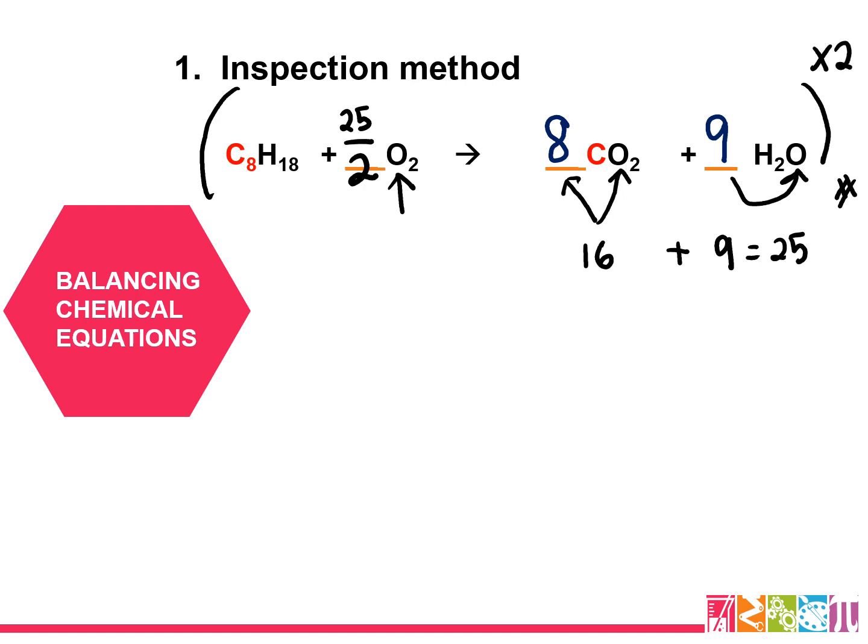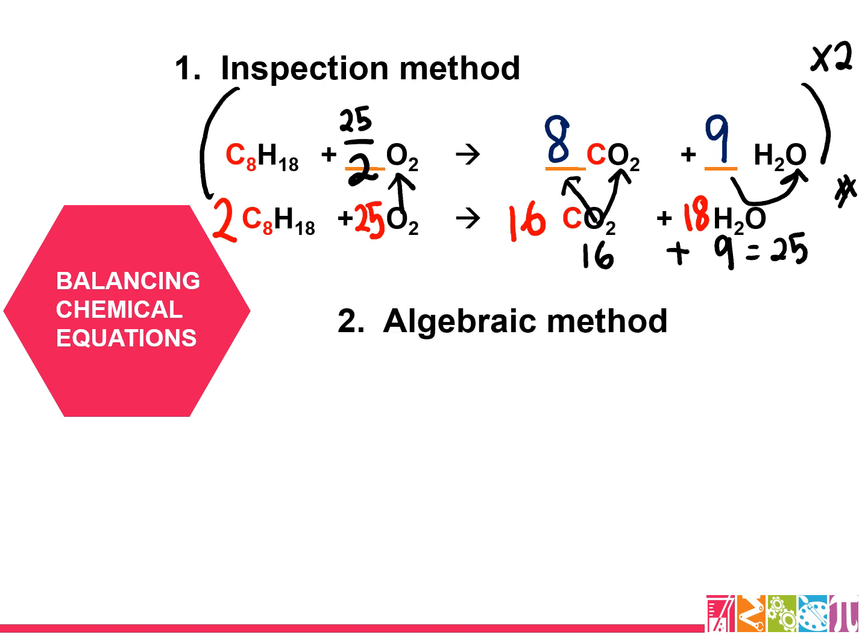So we get 2 moles of C8H18, 25 moles of oxygen, and then 16 moles of CO2 and 18 moles of H2O. This is the method to balance by using the inspection method. Next, proceed with the algebraic method.